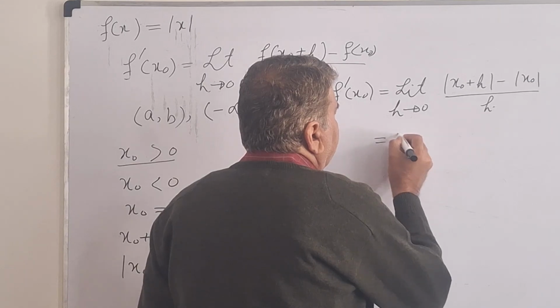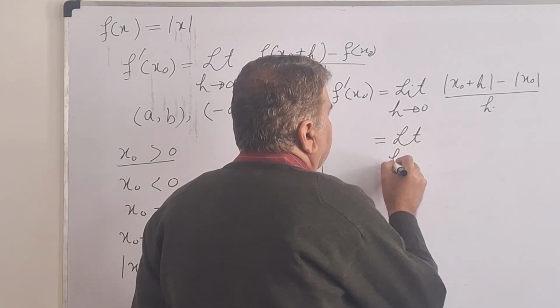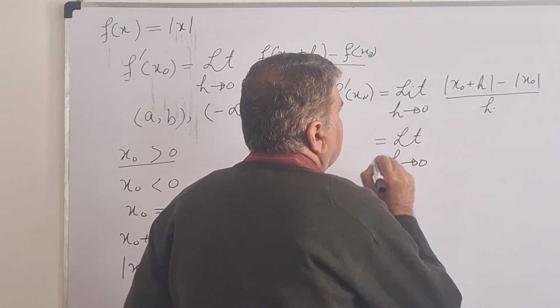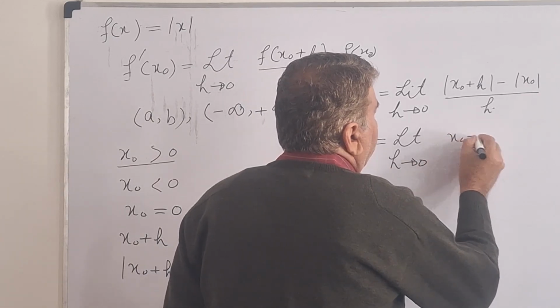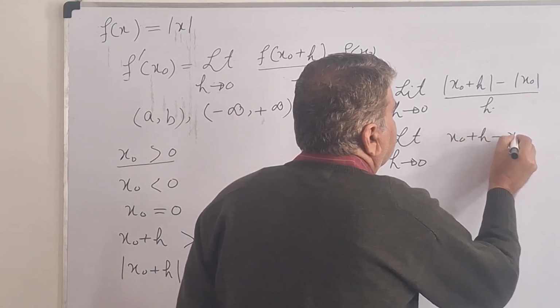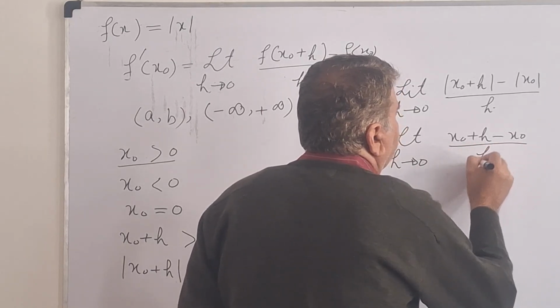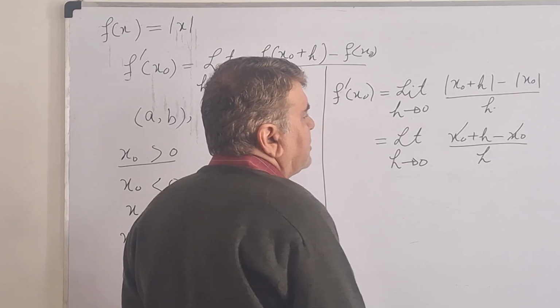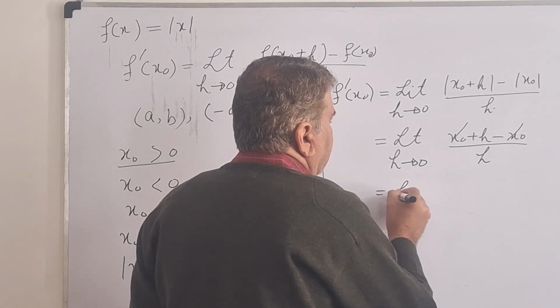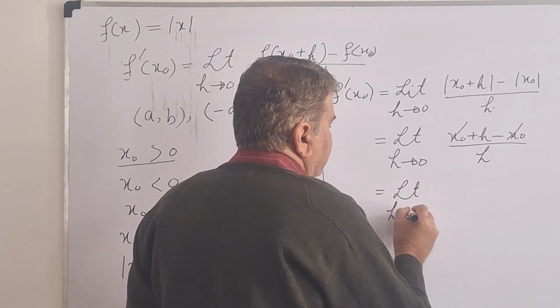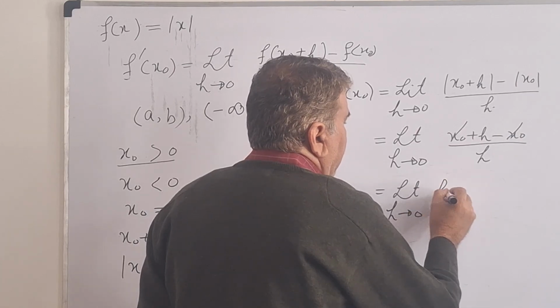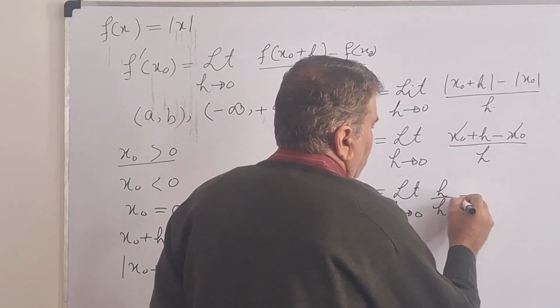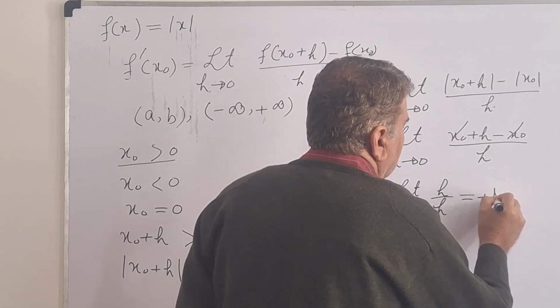This x naught cancels with the minus x naught, and I'm left with limit h tends to 0 of h divided by h, and this is obviously equal to plus 1.